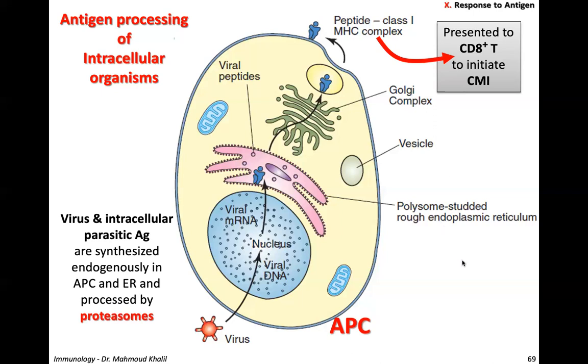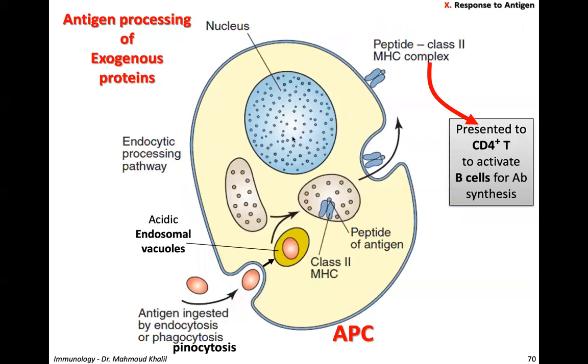But in other cases, if it's an exogenous protein, this diagram shows the processing of exogenous protein. You can see this exogenous protein can be ingested by endocytosis, phagocytosis, or pinocytosis. Anyway, this will lead to the formation of an acidic endosomal vesicle together with enzymes, and degradation.